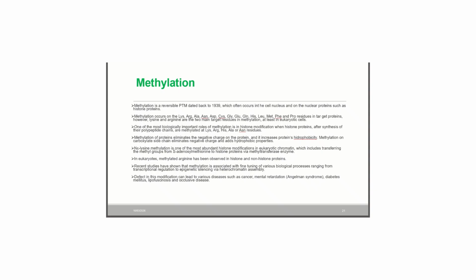So the N-epsilon lysine methylation is one of the most abundant histone modifications in eukaryotic chromatin, which includes transferring the methyl groups from S-adenosyl methionine to histone proteins via methyltransferase enzymes.